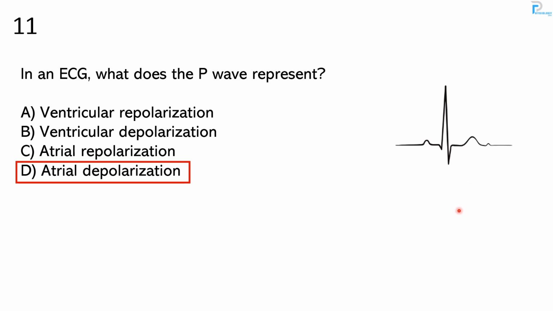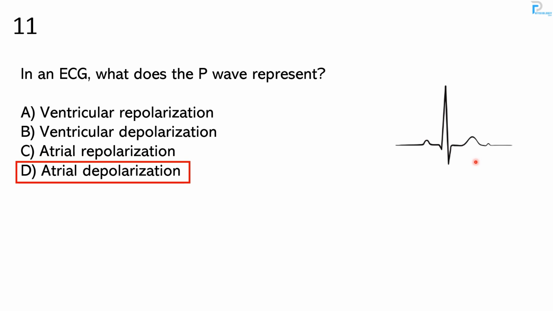We say depolarization and repolarization, because ECG is a record of action potential, a record of electricity, not a record of mechanical activity. So for atrium, we have only one wave, for atrial depolarization, that is P wave. QRS complex, ventricular depolarization. T, ventricular repolarization.